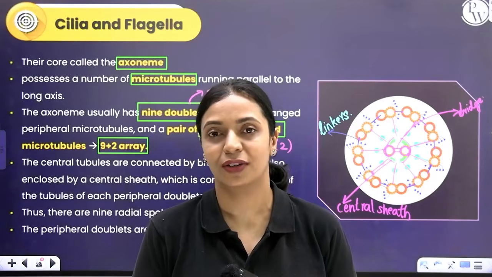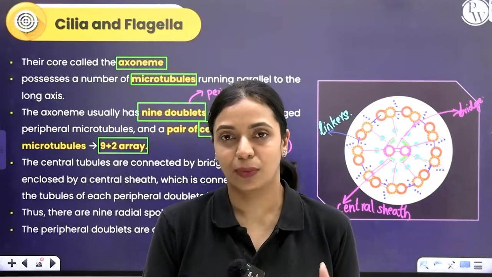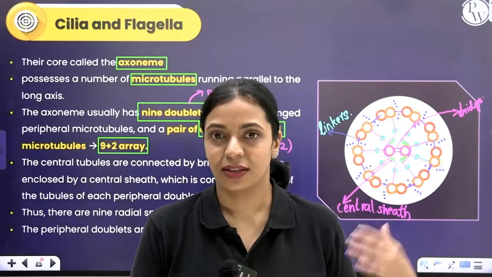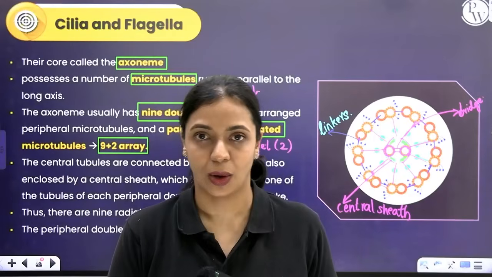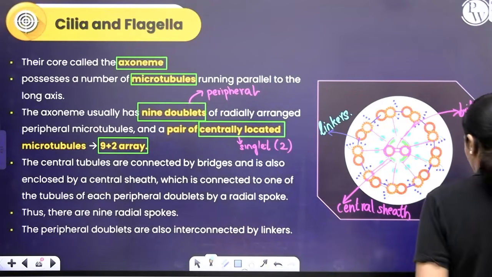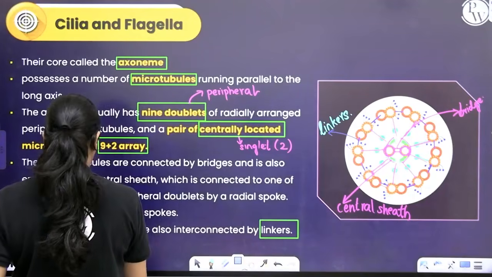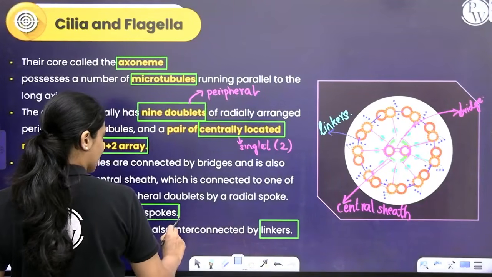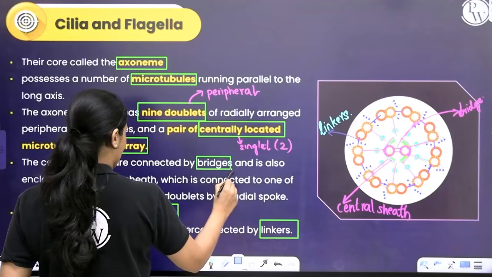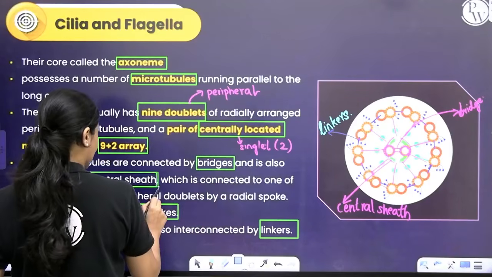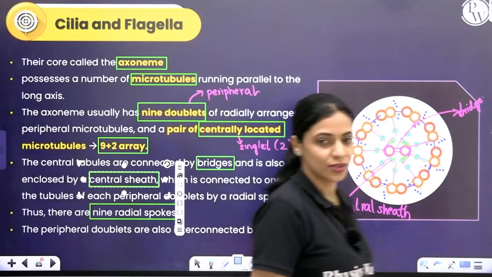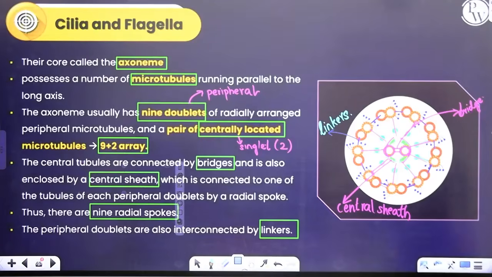In prokaryotic flagella, you just had hook, basal body and filament. Here, it is entirely different. It's more complicated. Okay. So, I'll label these linker, radial spokes, bridges, central sheath, all of that. Okay. So, these are the important keywords you must remember.